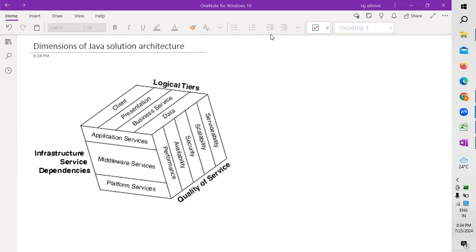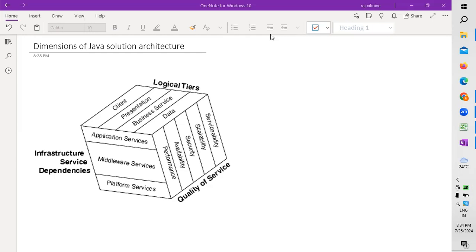The next dimension is the logical types, followed by quality of services. These are the three different dimensions when we are working on Java solution architecture, especially when we are implementing solutions. In this regard, it's important to understand the architectural components majorly required.